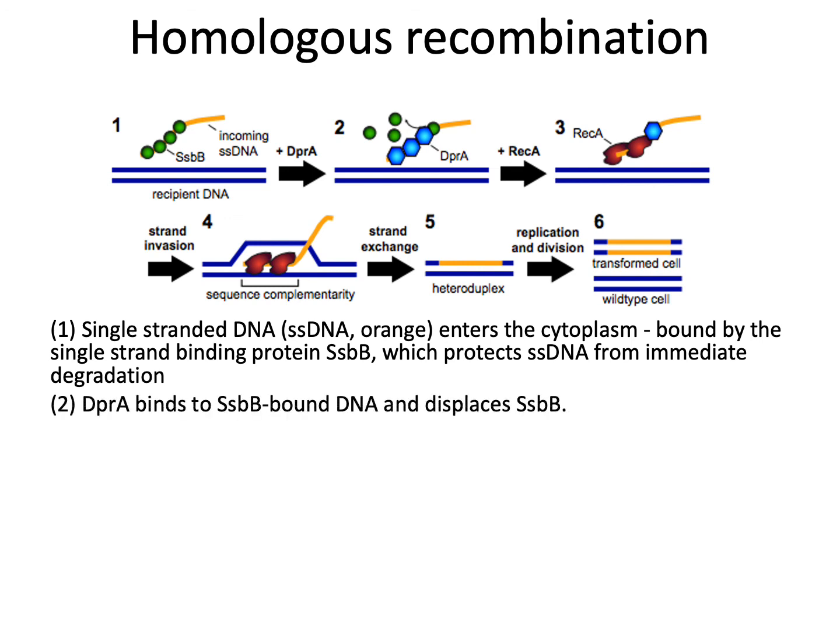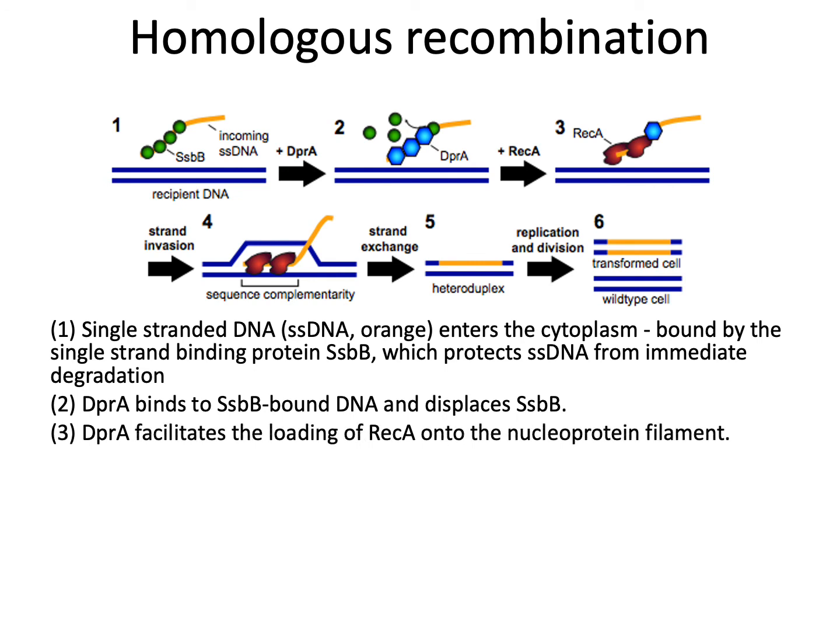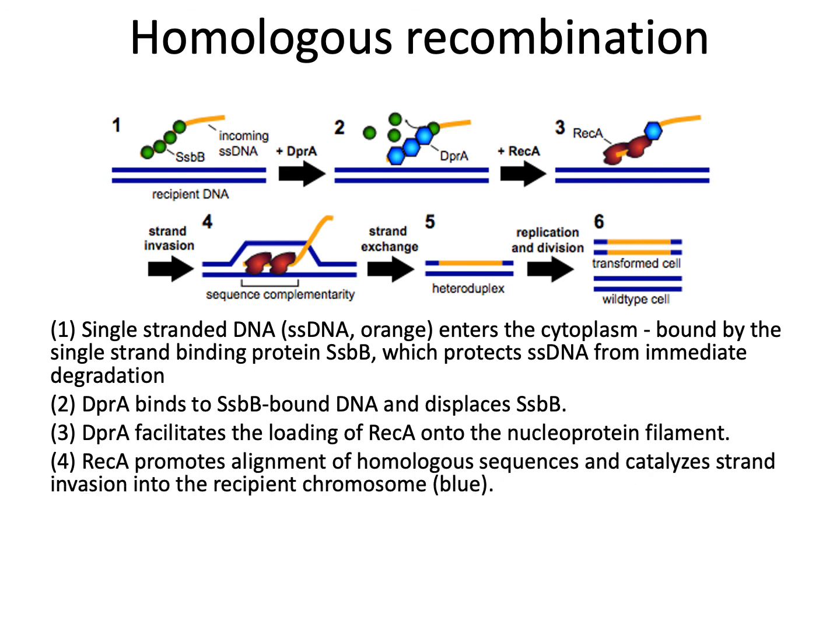DprA also facilitates the loading of RecA onto the nucleoprotein filament. RecA will promote the alignment of homologous sequences and catalyze strand invasion into the recipient chromosome, represented by the blue color here, due to sequence complementarity.